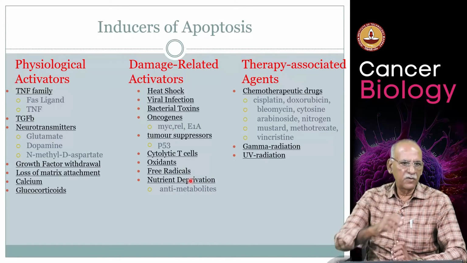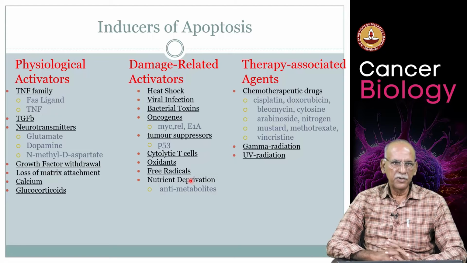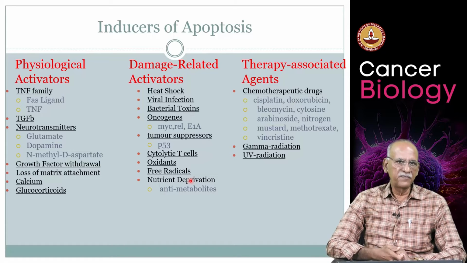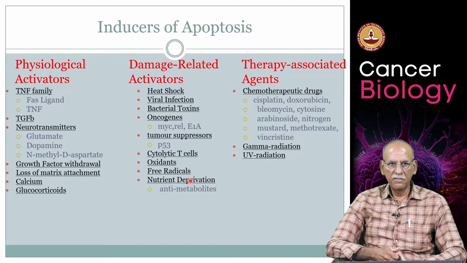If you withdraw all the growth factors, then also it can induce apoptosis in cells, growth factor withdrawal for example, nutrient deprivation and so on. Physiological activators are usually tumor necrosis factor, we will study about that, so called TNF, Fas ligand, TGF beta, glutamate, dopamine, N-methyl D-aspartate, growth factor withdrawal I already told you.